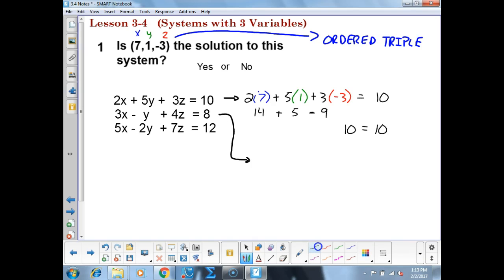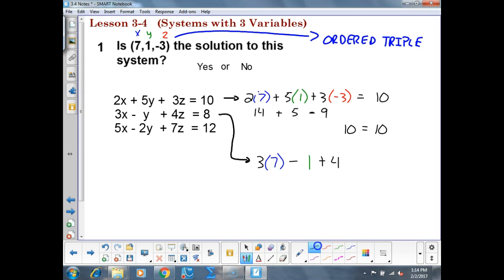Then you go on. Now, if it didn't check out in the first equation, do you have to go on? No. That's the good part. If it doesn't work in one of them, you can stop. But if it works in one, then you go to the next one. So the next one would be 3 times 7 minus 1 plus 4 times negative 3.